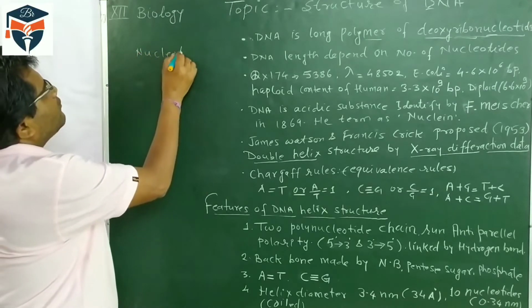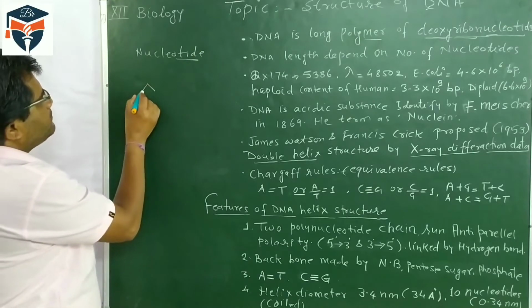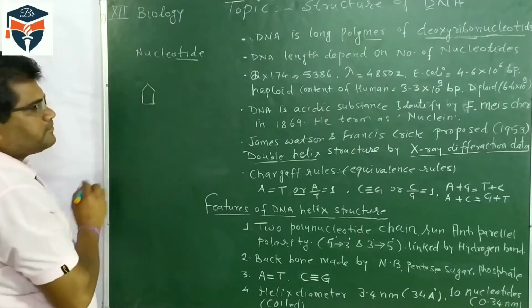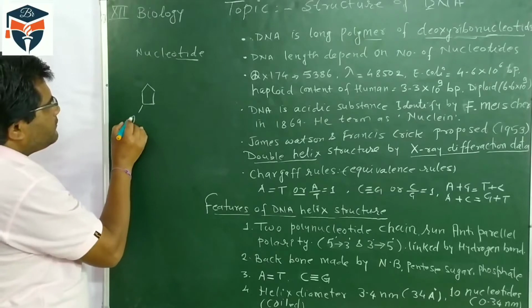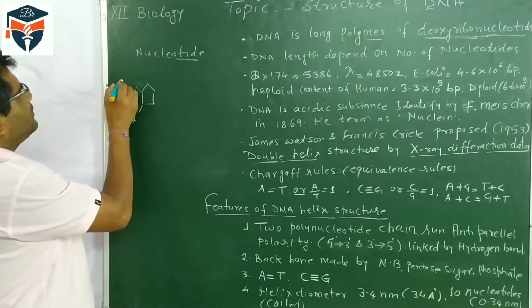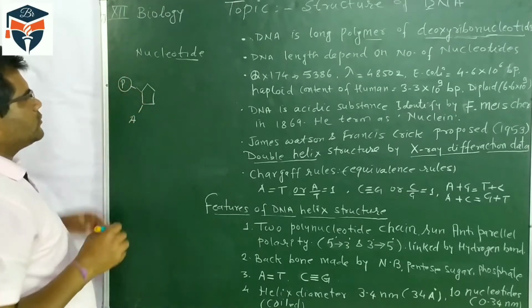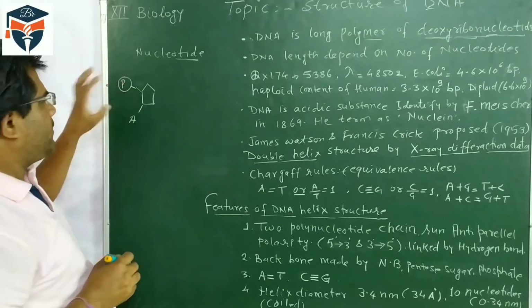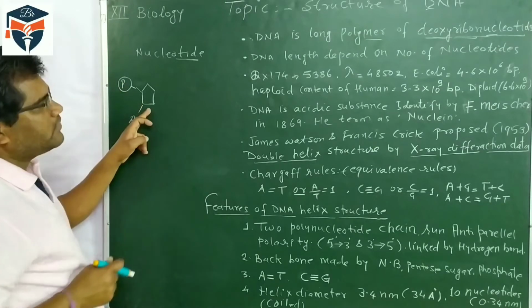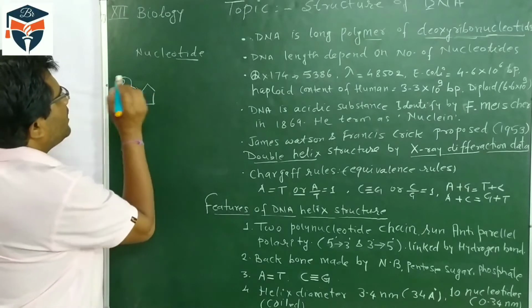Earlier we learned what a nucleotide is. In a nucleotide we have a pentose sugar, a nitrogenous base attached at the first position, and a phosphate molecule at the fifth position. So it is one nucleotide, and here the sugar is deoxyribose sugar.